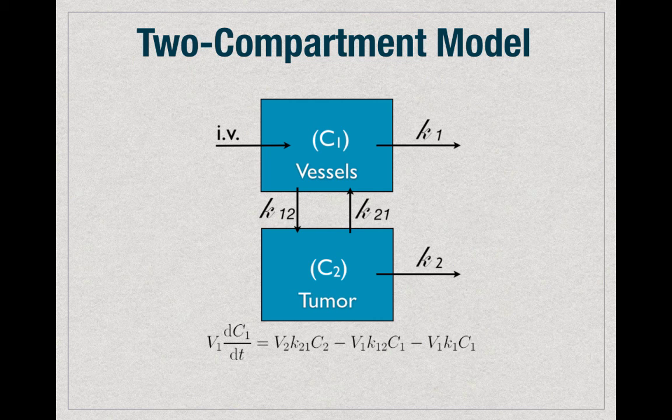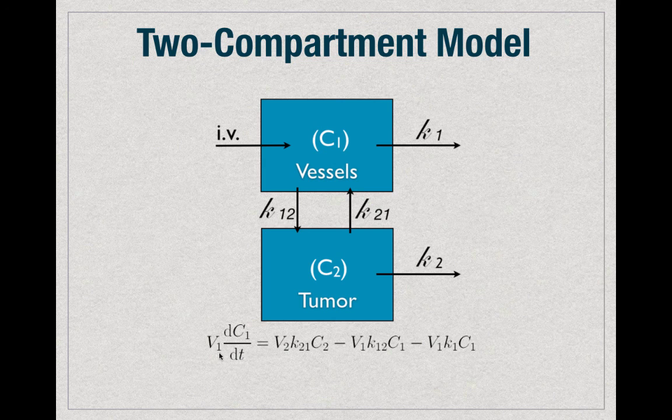So now I'm going to introduce you again to the idea of the mass balance equations. For this, we can write equations that will represent the two-compartment model. So again, we have to introduce this volume term.